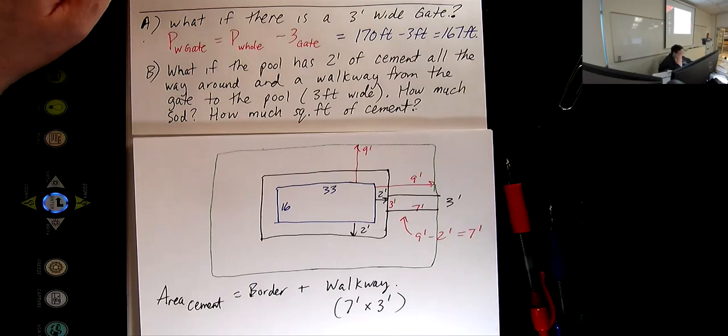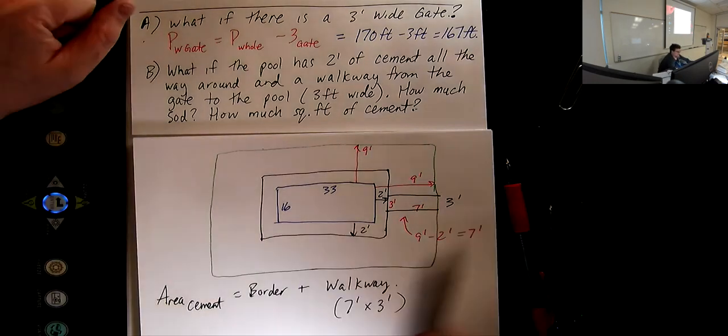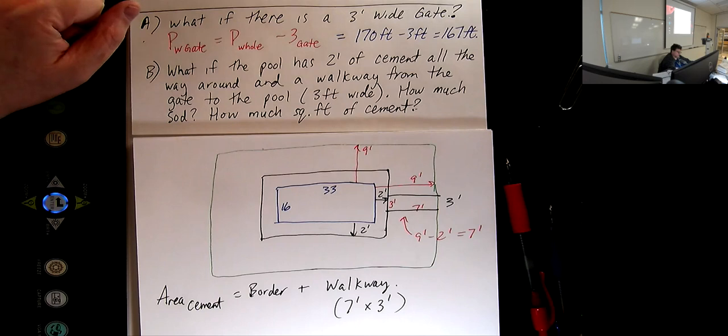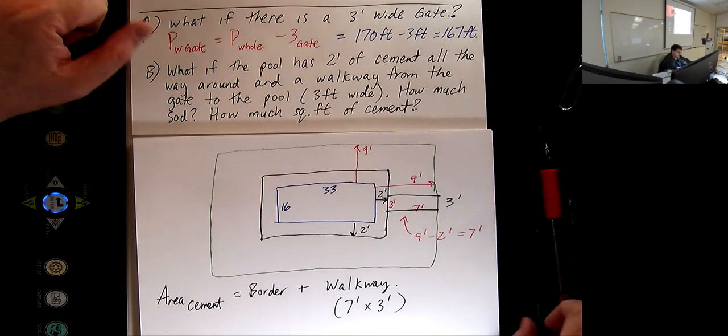For the border of the pool, we're back to the same kind of dilemma we had with finding the sod. Either way, we're gonna have to figure out the length of the cement area, right? And the new width of the cement area.